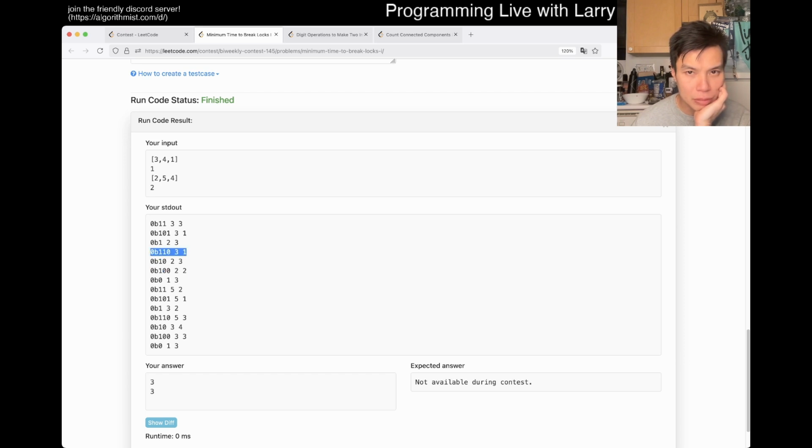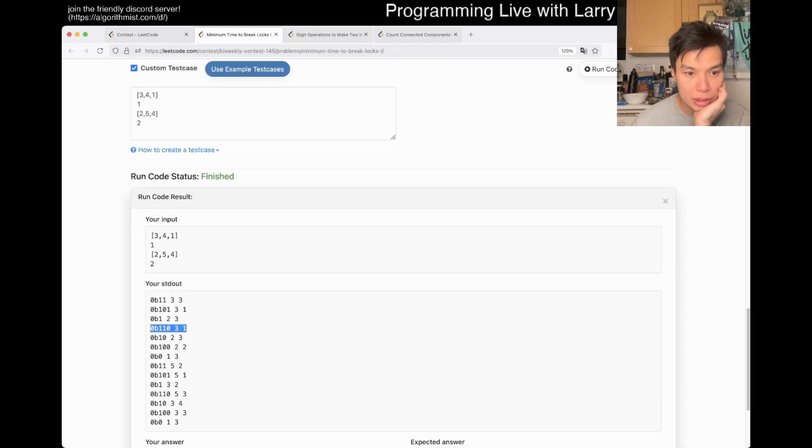Okay, so doing this is 1 because x is 3, and that makes sense. The other one doesn't make sense though. 0, 1, 1. Is there 0, 1, 1? This is 0, 1, 1. This one should not be 3.